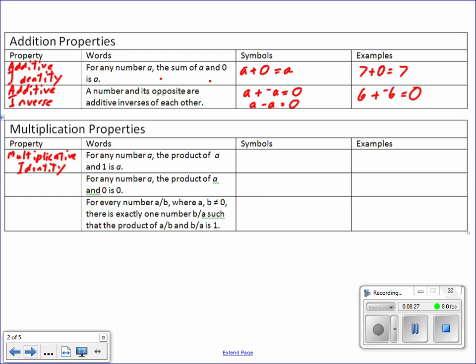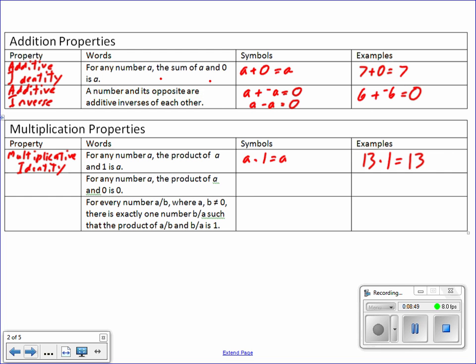On this one, A times 1 equals A. Anything times 1 gives you that same number. 13 times 1 is equal to 13. That's our identity property here with multiplication.